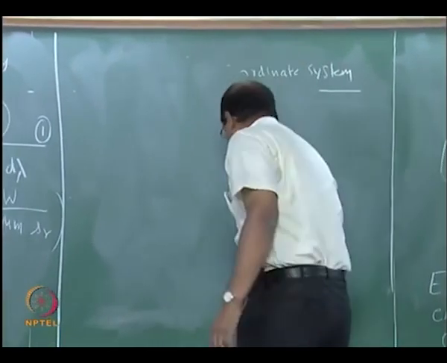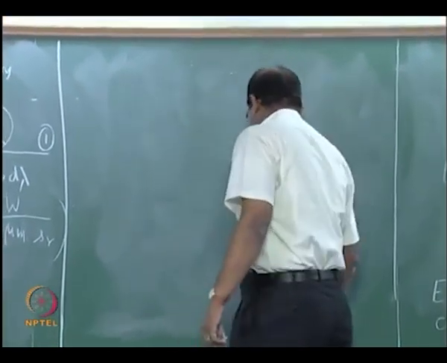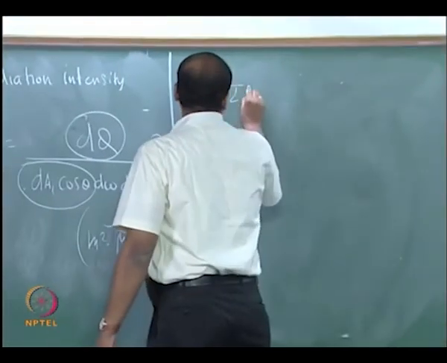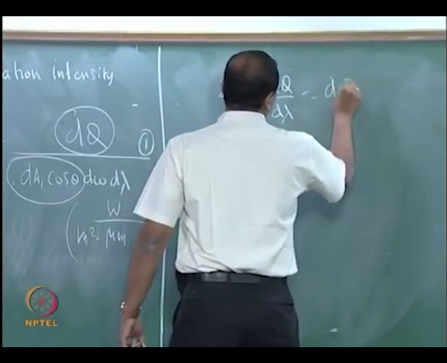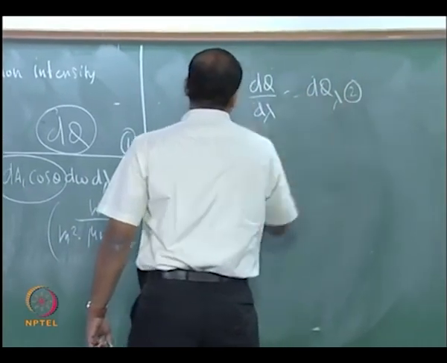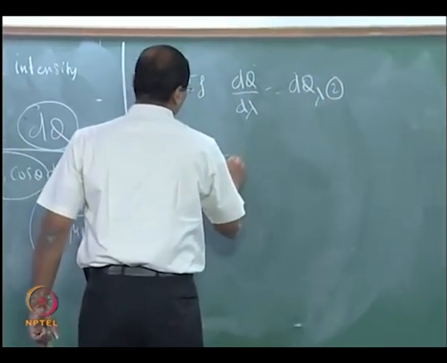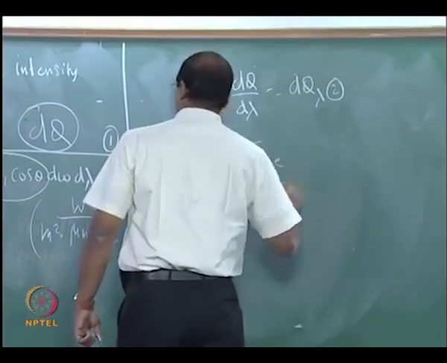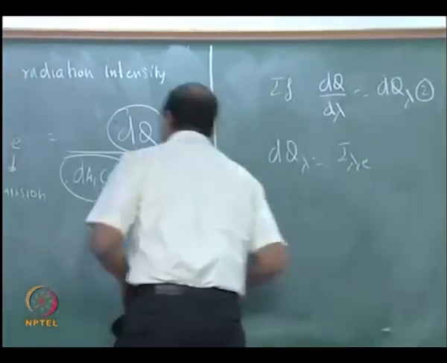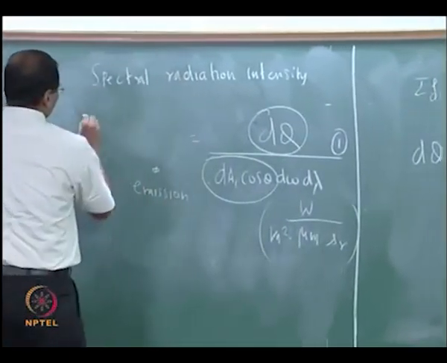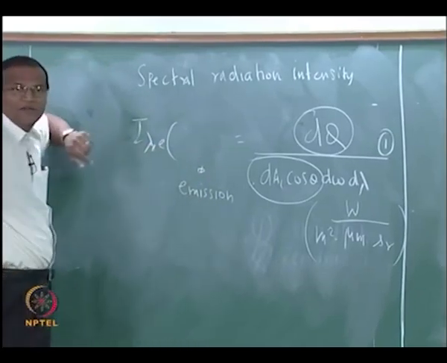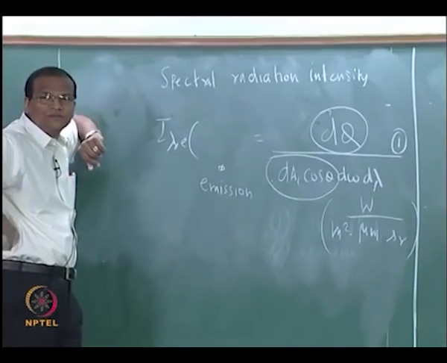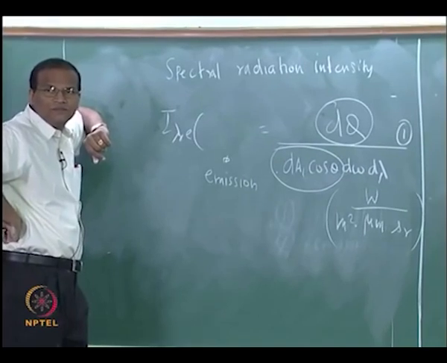We can work with this further. Now let us qualify this. So I lambda e must now be a function of lambda, correct.